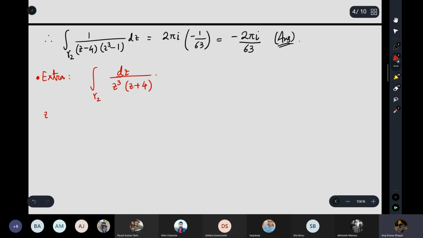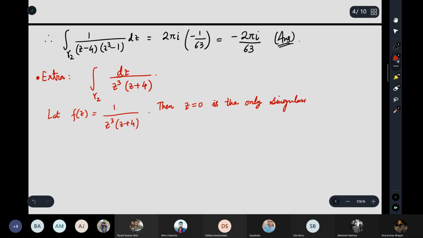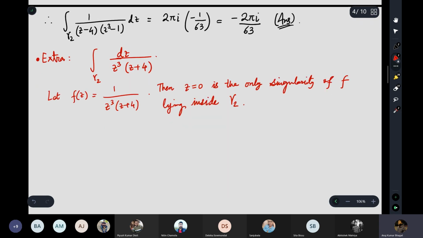So if I let f(z) equal to 1 by z cube times (z plus 4), then z equals 0 is the only singularity of f lying inside gamma 2.